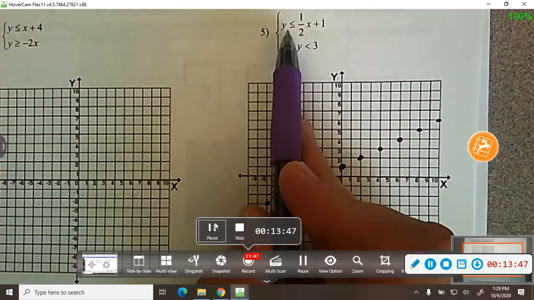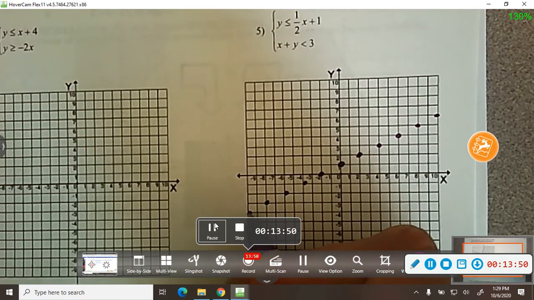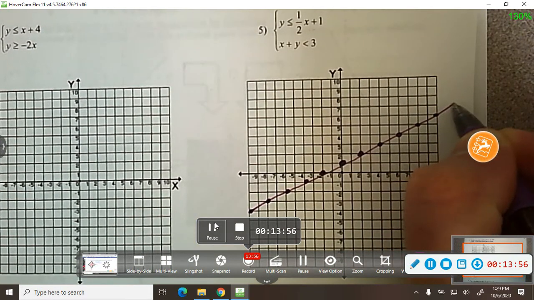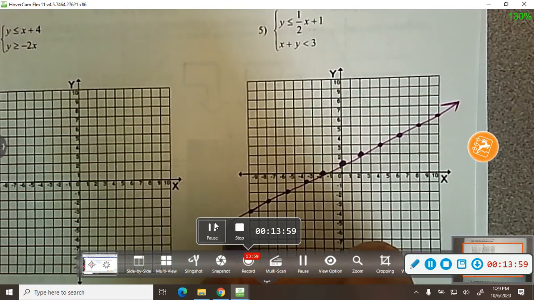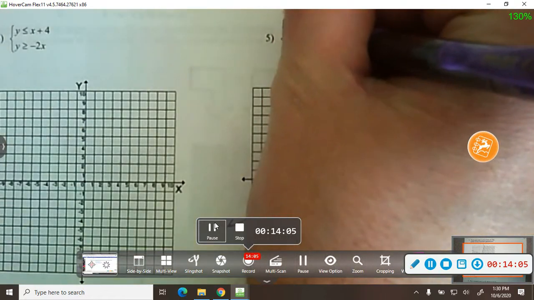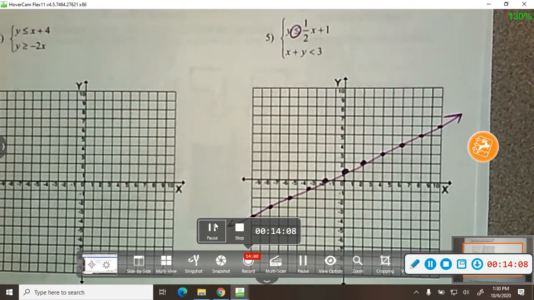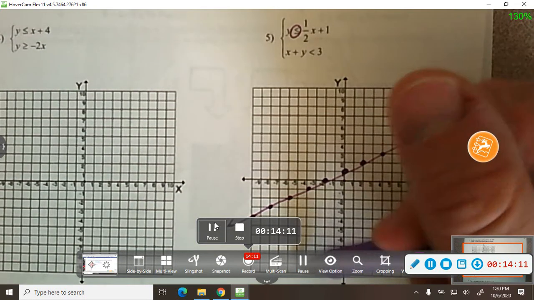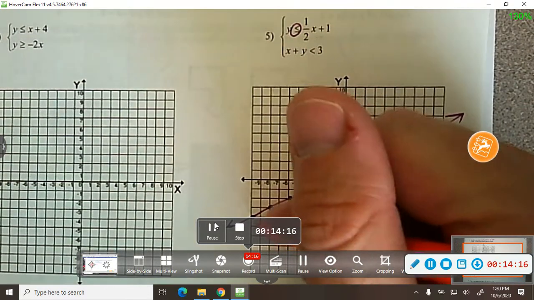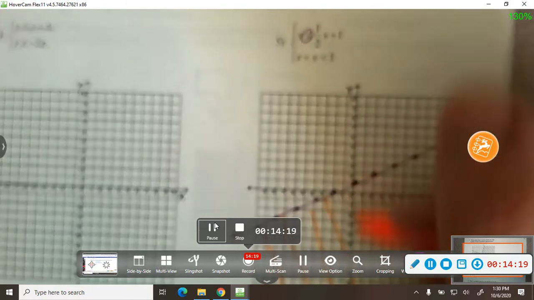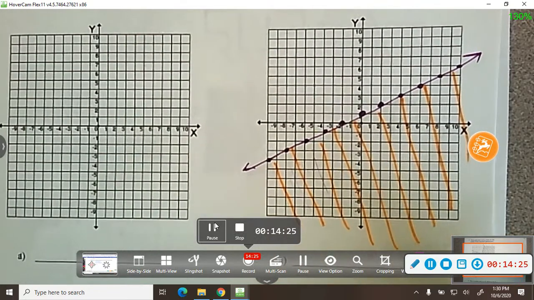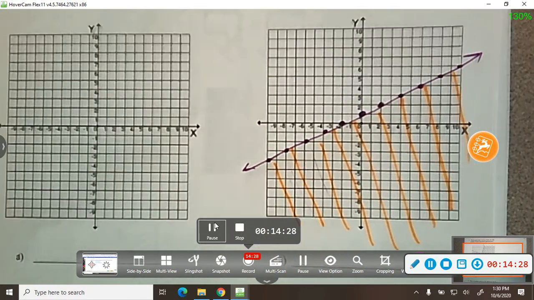And I notice it has an equal sign, so I'm going to do solid. And my line is not very straight today. Sorry about that. And then I see that it's less than, so I'm going to shade below, and I think it's easier to see through a highlighter. And that's my way of shading without coloring it all in.